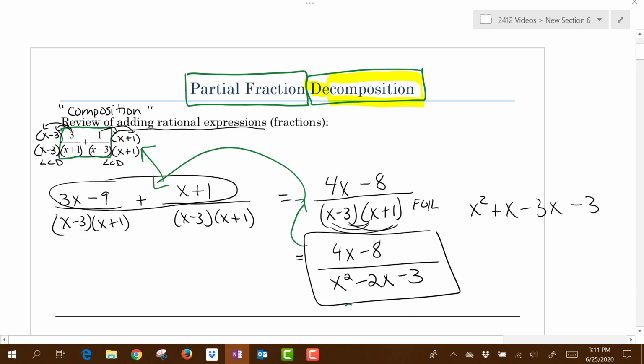So we're going to start with this more complicated looking fraction, and then we're going to go back to the two simpler fractions that we actually would have added together to obtain this more complicated fraction in the end. So our final answer will be these partial fractions, these simpler fractions that we started with at the beginning.